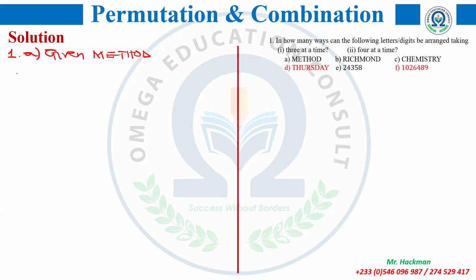So I. We are looking at taking what at a time? Taking 3 at a time. So we know this implies that R is equal to 3, am I right?